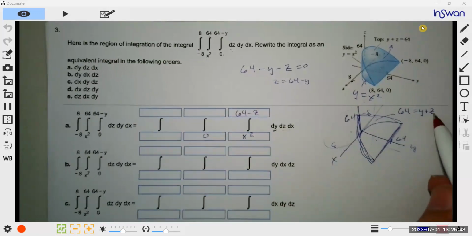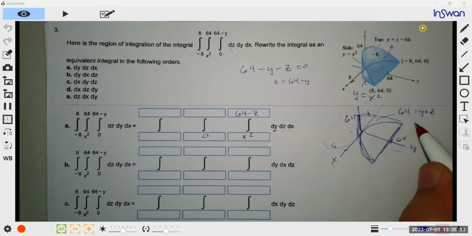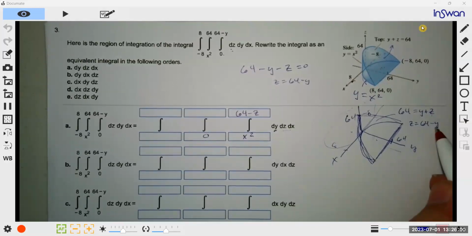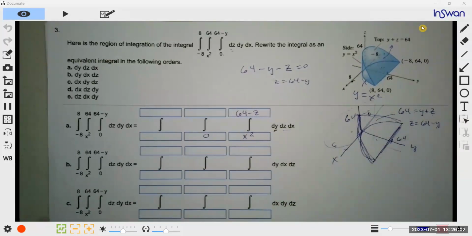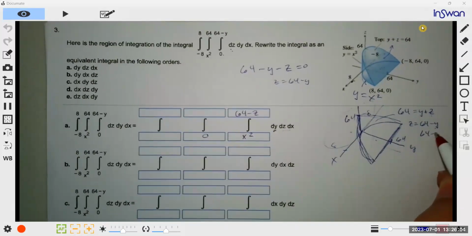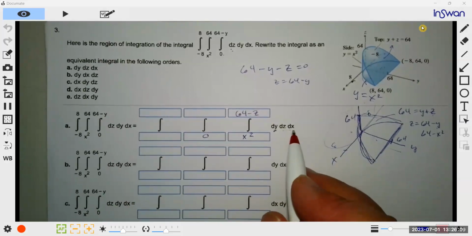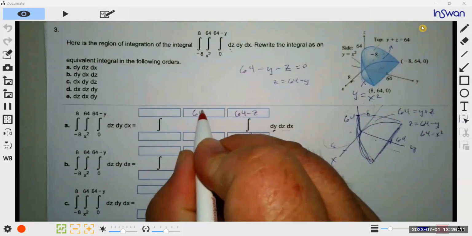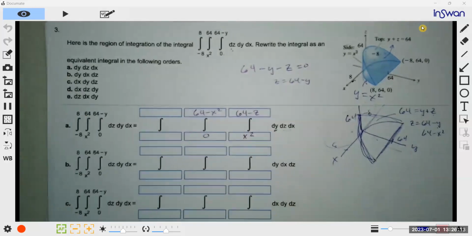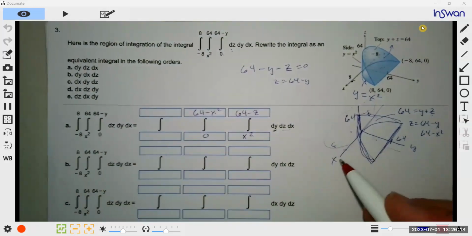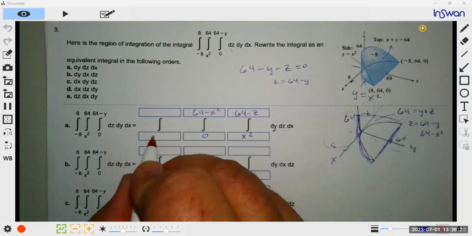Well, we're solving for z. So we have z equals 64 minus y. What does y equal? Y equals x squared. So it equals 64 minus x squared. Because remember, the middle term has to get us ready for the last one, which is dx. And dx, it goes from -8 to 8.